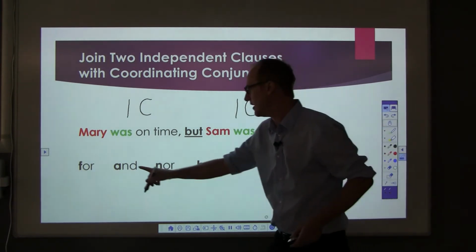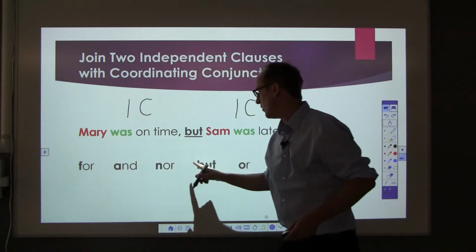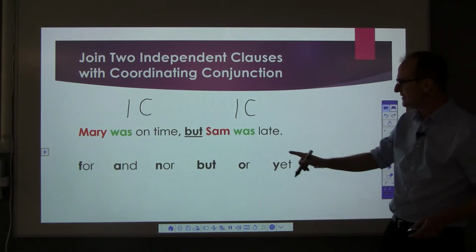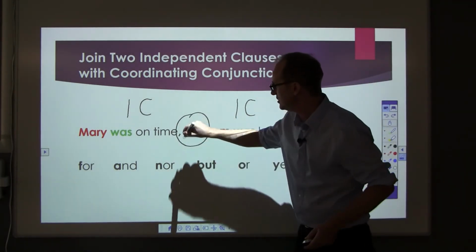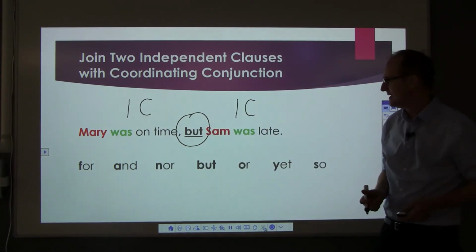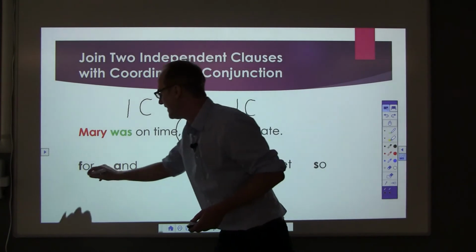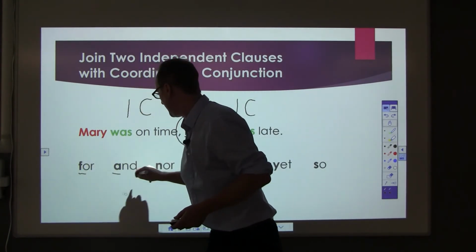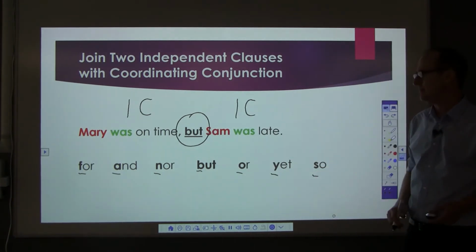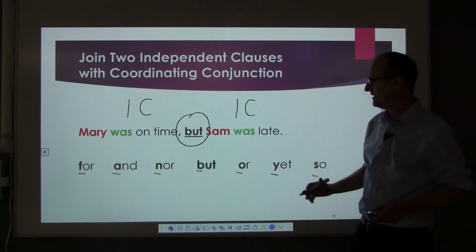Those 7 words are for, and, nor, but, or, yet, and so. Those are the only 7 words that can join two independent clauses in the same sentence. Okay? And the reason we say fanboys is we have an acronym. F-A-N-B-O-Y-S. Fanboys.